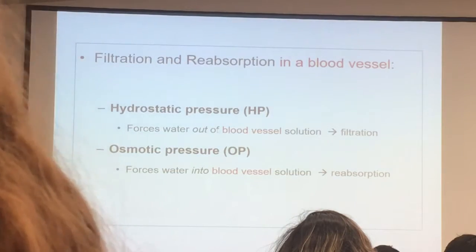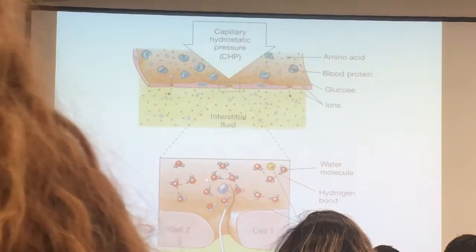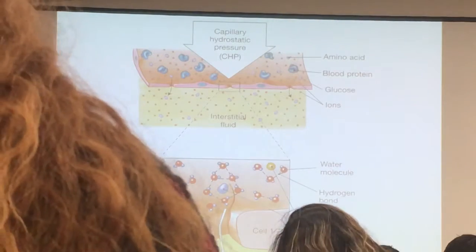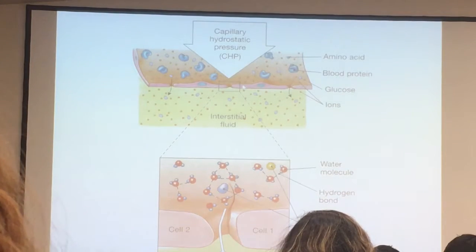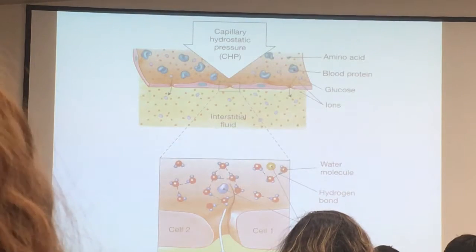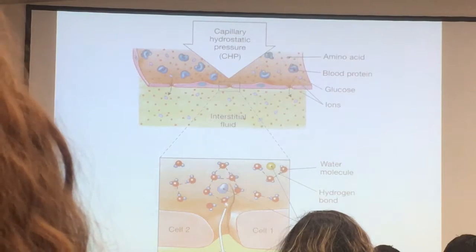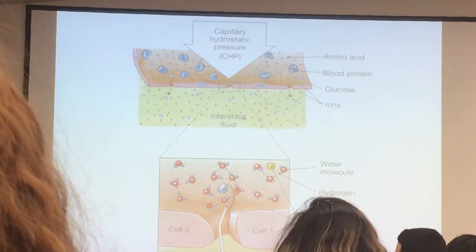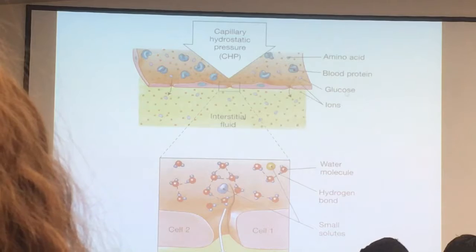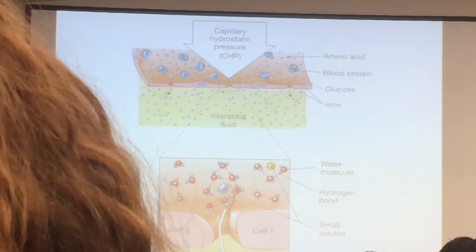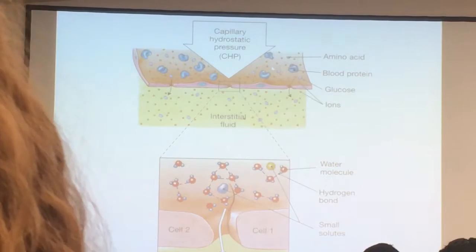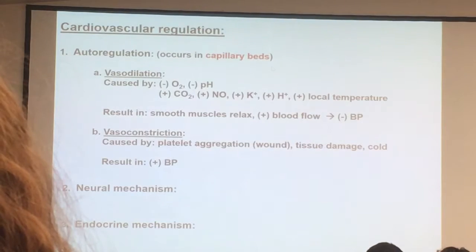One is out of the blood vessel, one is into the blood vessel. For the capillary structure, it looks like there is a gap between the endothelium cells, and we can allow small molecules to go out. Okay, and small molecules only include things like glucose or ions, not the protein, not the red blood cell.